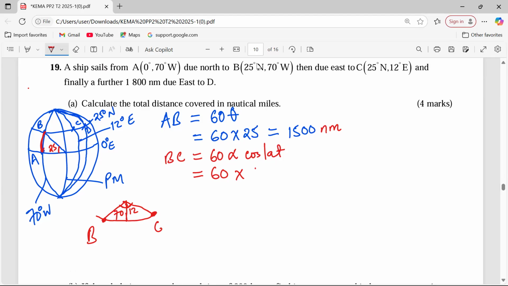So we'll talk about 82 multiplied by the cosine of the latitude where the two places are. This is latitude 25 degrees in the north. So when you work it out, you get 44.59 nautical miles.